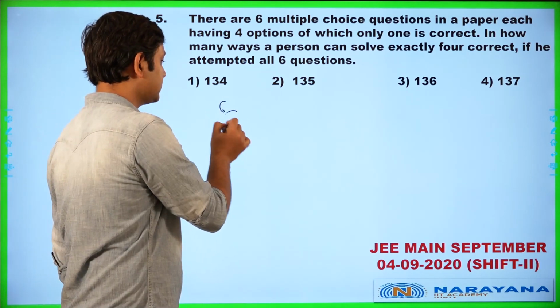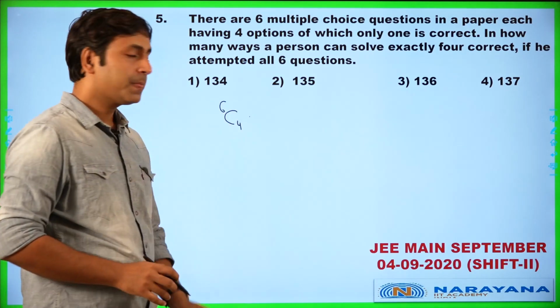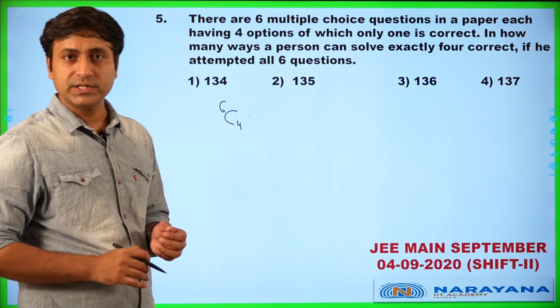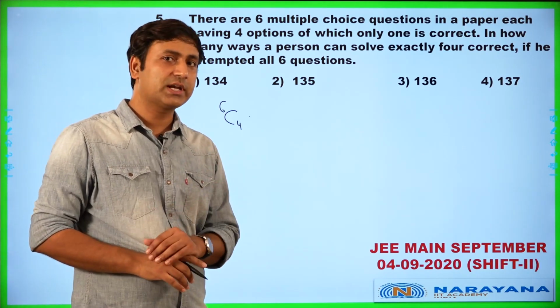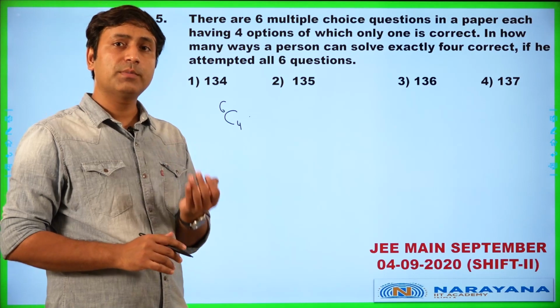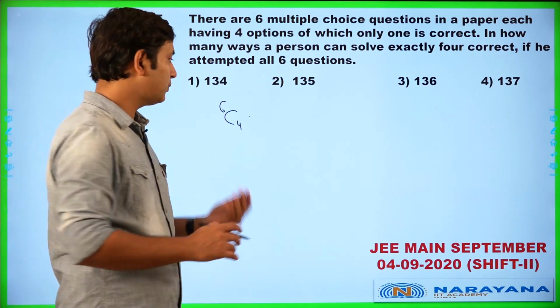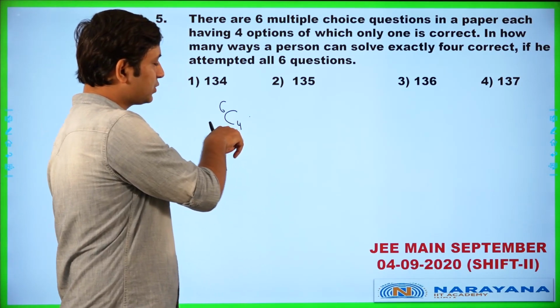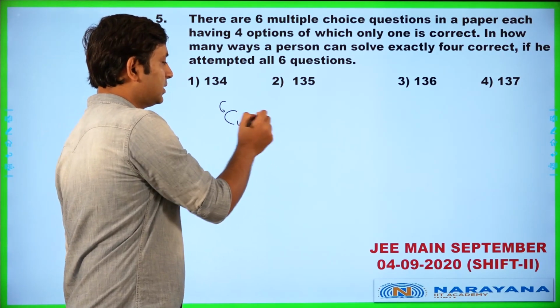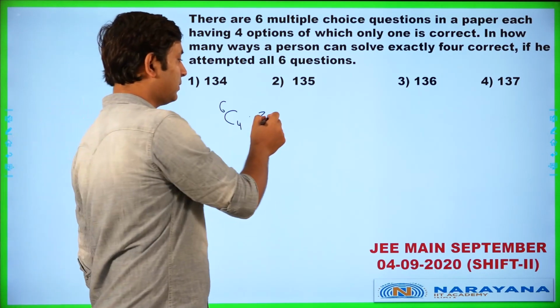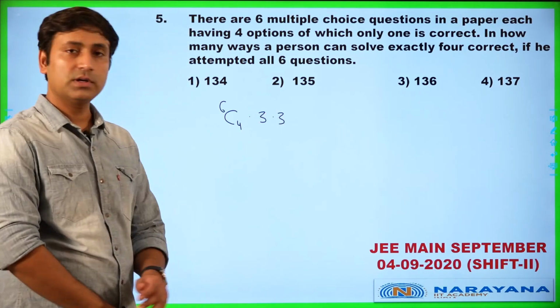That will be 6C4 multiplied by the rest of the 2 questions we have to answer incorrectly. There is only one correct answer out of the 4. Number of ways of answering incorrectly would be 3. So for the rest of the 2 questions, we'll answer in 3 ways for one question and another 3 ways for another question.